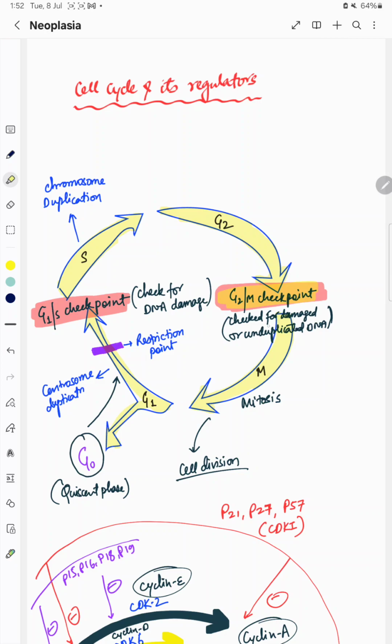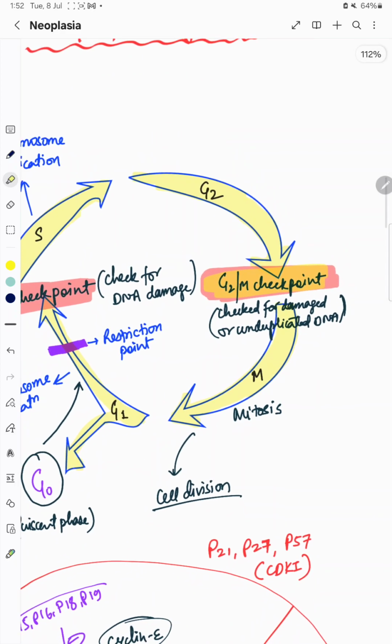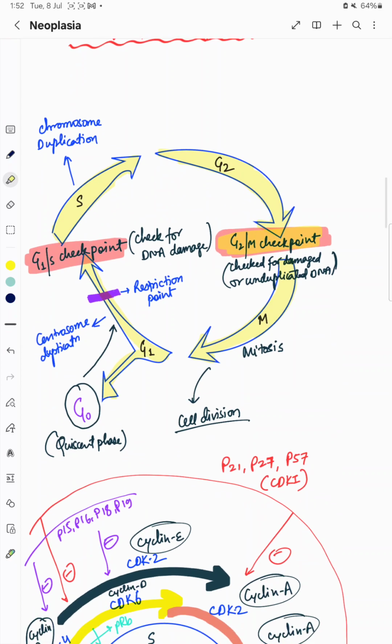Here the cell looks for any damage or unduplicated DNA. If there is unduplicated DNA, cell cycle progression is arrested and there will be no cell division. Main cell division occurs in M phase, in mitosis.